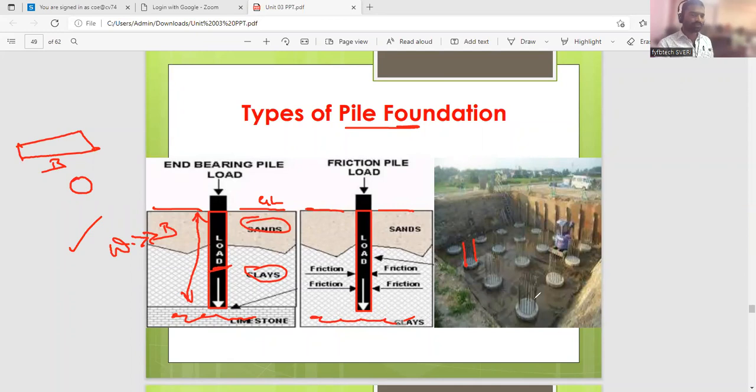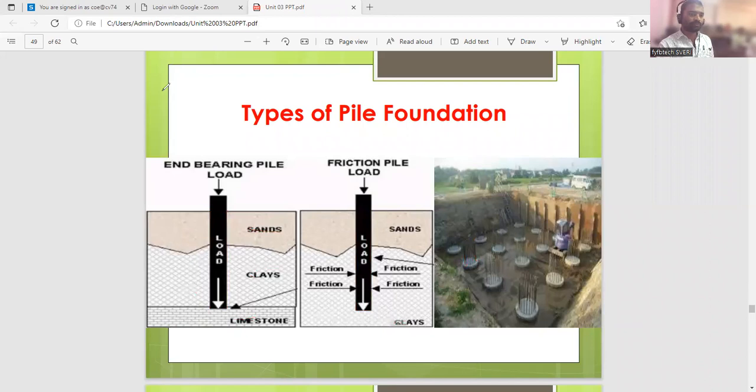And there is one objective question that will be asked at a higher level. I don't know about your level, but you should remember this also: the minimum number of bars used in circular columns is 6.